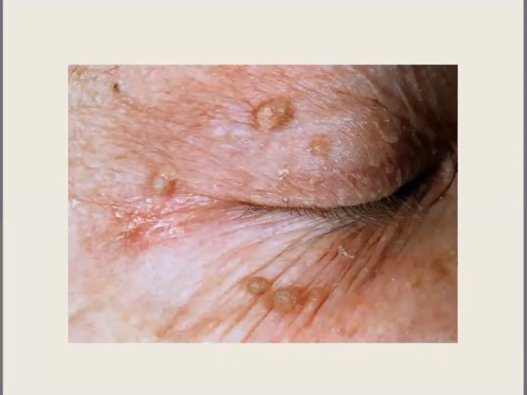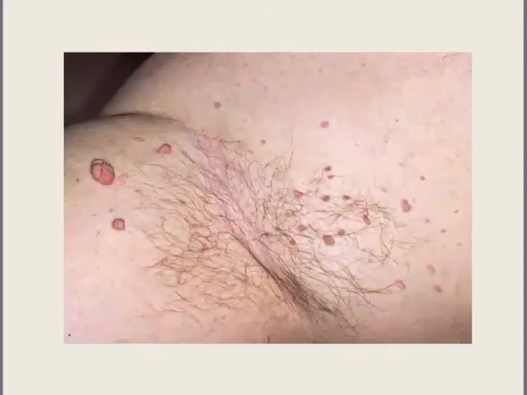The risk factors: age and obesity and friction. This is on the face. Oval projections, skin colored or brown colored, attached to the skin by a stalk, which is either narrow or broad. Okay.